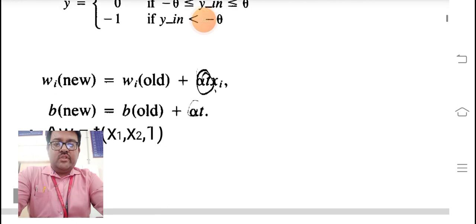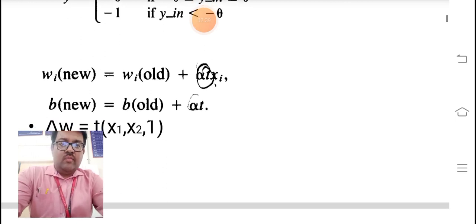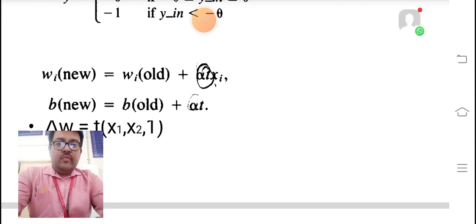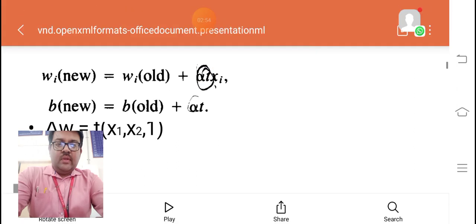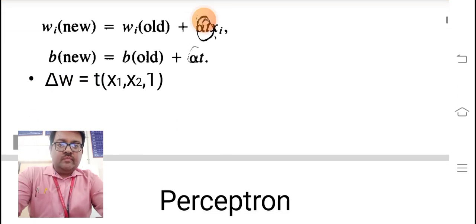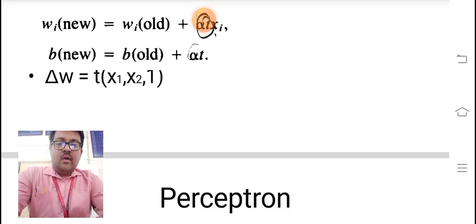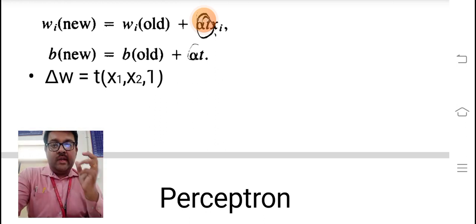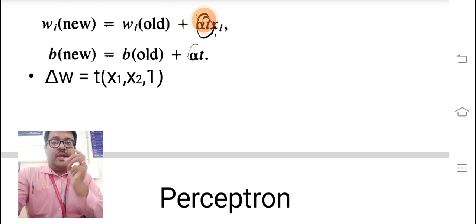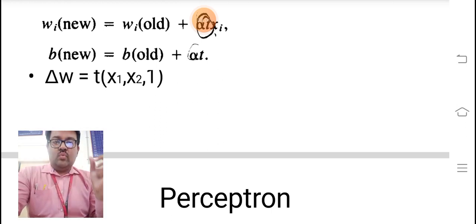And for the updation of weights and bias, there are formulae: wi of new is equal to wi of old plus alpha t xi, b of new is b of old plus alpha t, and delta w is target times x1, x2, 1, that is the target that you get for the input x1, x2, and bias 1.